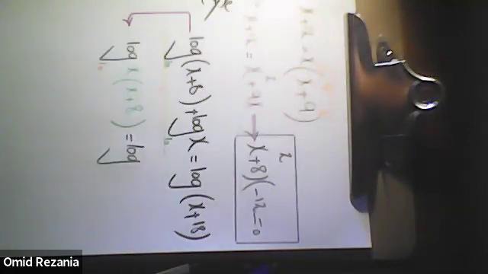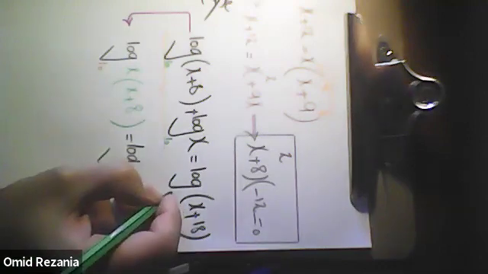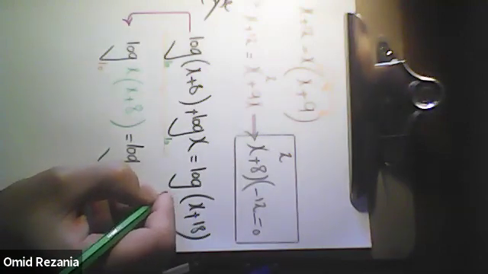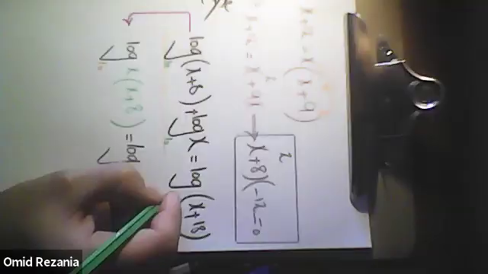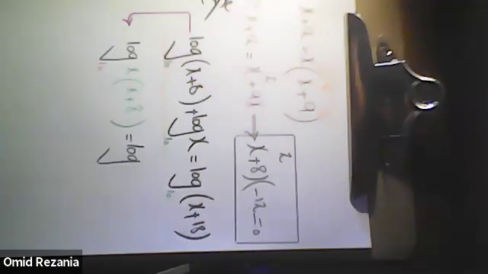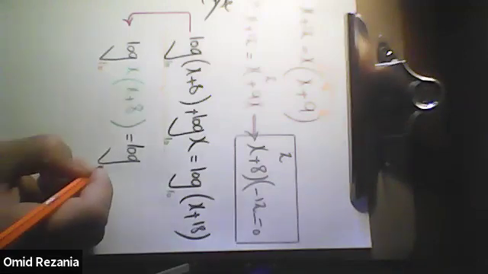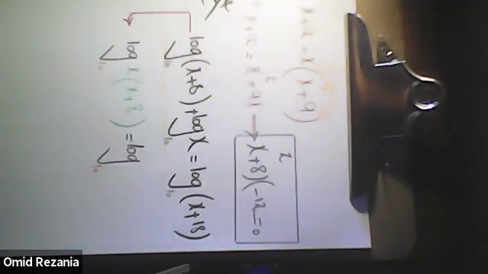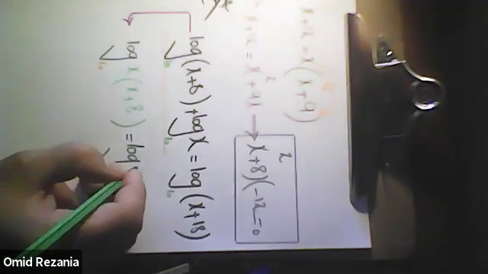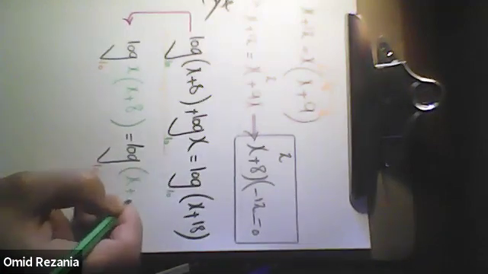Then it becomes the log. Now the right side: what was the base of the log on the right side? 10. Correct, then I have the same base 10. What is the right side? It's essentially x plus 18.